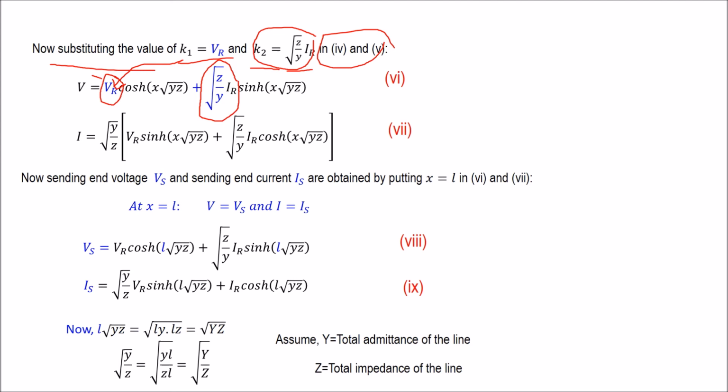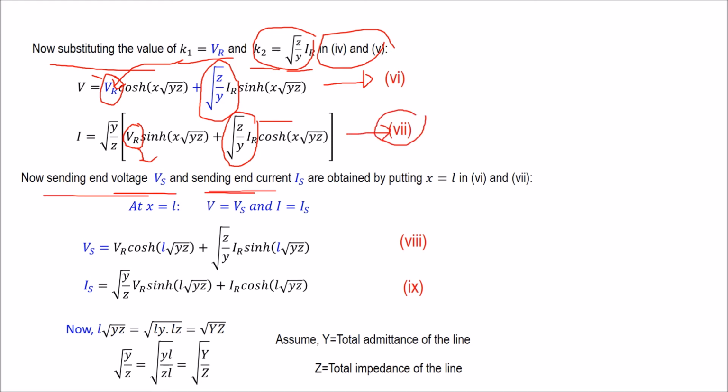So this is equation number 6. Similarly for current, it was K1, so we replace by VR, and it was K2, so we replace by √(z/y) IR, right? So this is equation number 7.